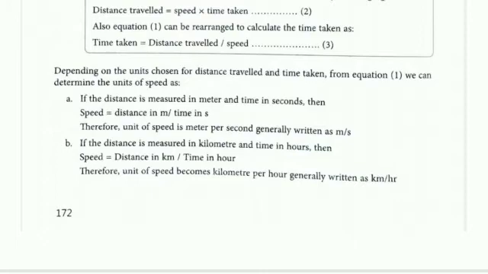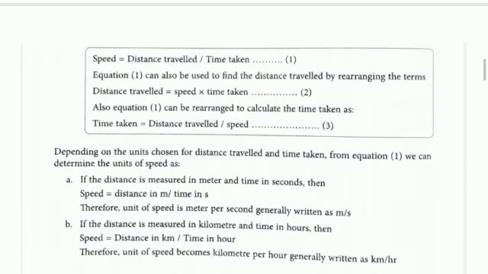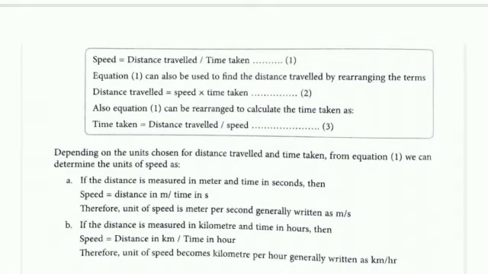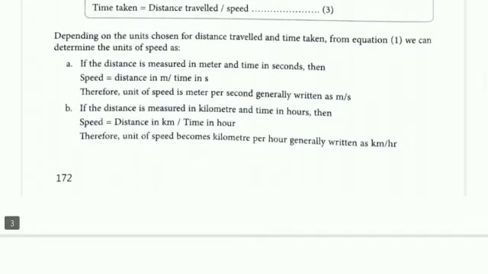First point, if the distance is measured in meter and time is measured in seconds, then speed will be distance in meter divided by time in second, because our formula is what? Speed is equal to distance travelled by time taken. So same as in unit.